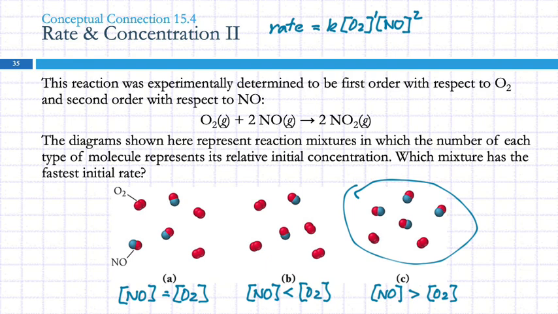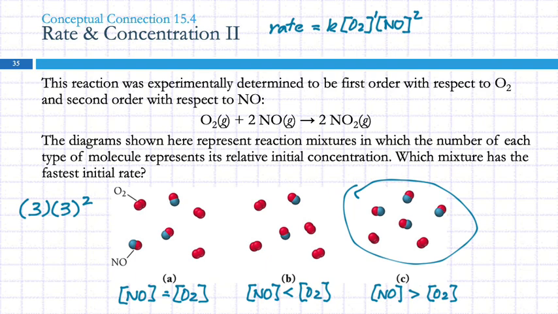Now I like math, I think in numbers, and so, conceptual question like this, I always end up translating it into math in my head to do it. So what if you really just want to do the math for this? What can you do? Well, you can say, let's pretend that 3 of these is 3 molar. And so here we've got 3 for the oxygen and 3 squared for the nitrogen.